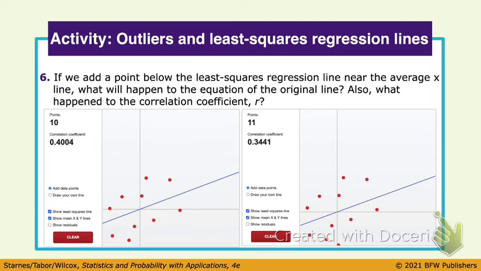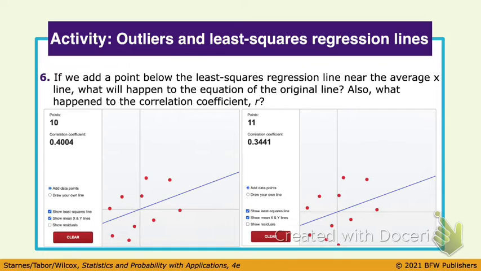All right, here's another one. If we add a point that is below, so this one's way down here, what happens to the least squares regression line? What happens to the slope? It's about the same, right? That's the tip of the line. And then the y-intercept, maybe it goes down slightly, but not a ton.